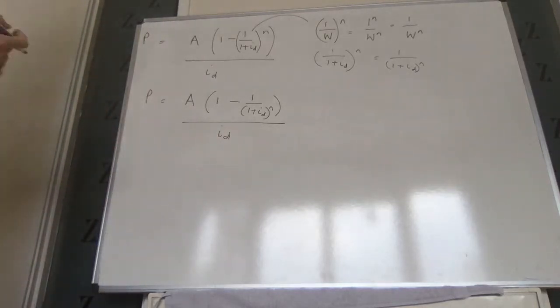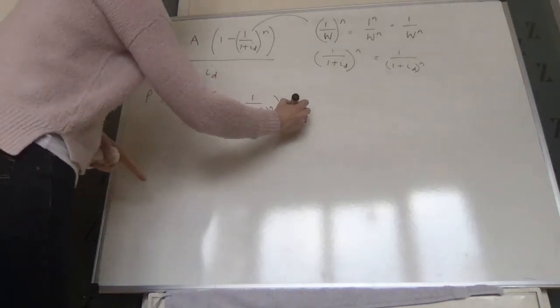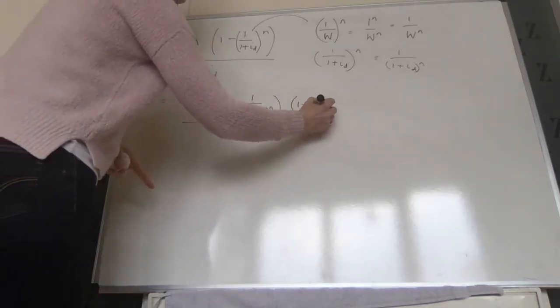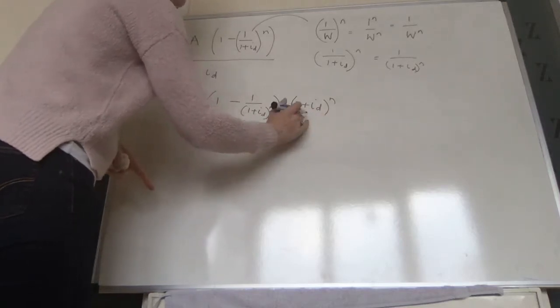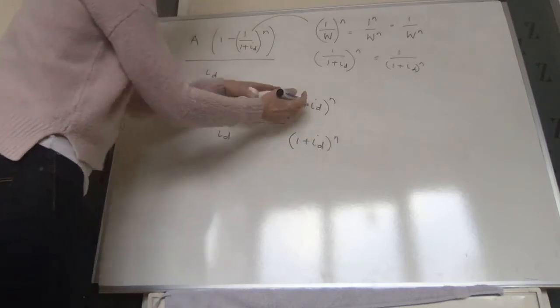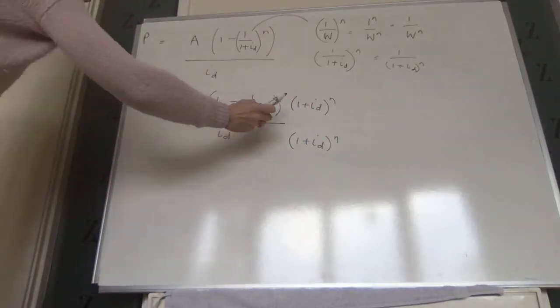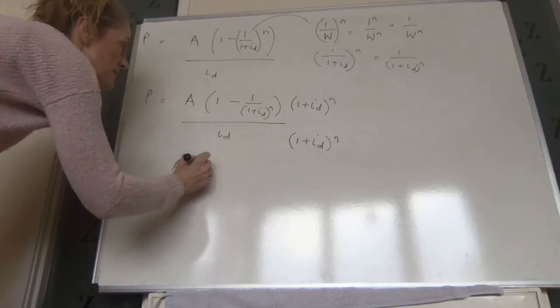And what we do now is we get rid of that fraction from the top, so we have to multiply both the top and the bottom of this fraction by 1 plus I to the power of n. So we're effectively multiplying it by 1, we're not changing it. 1 plus I to the power of n times 1, we've got our A still there.